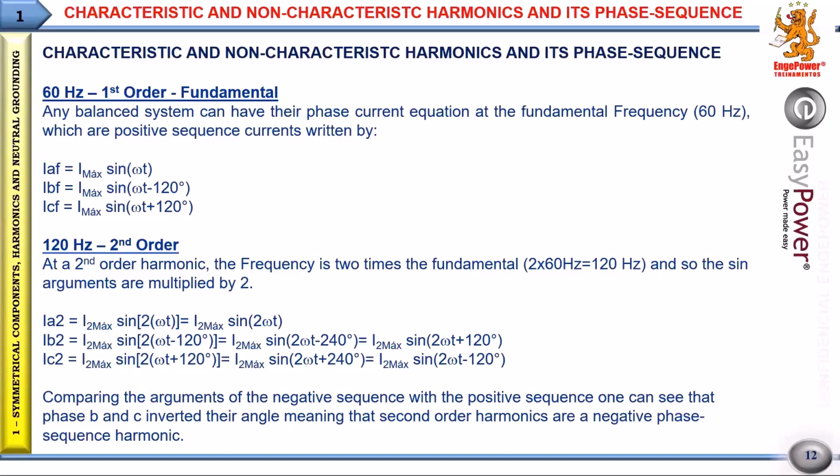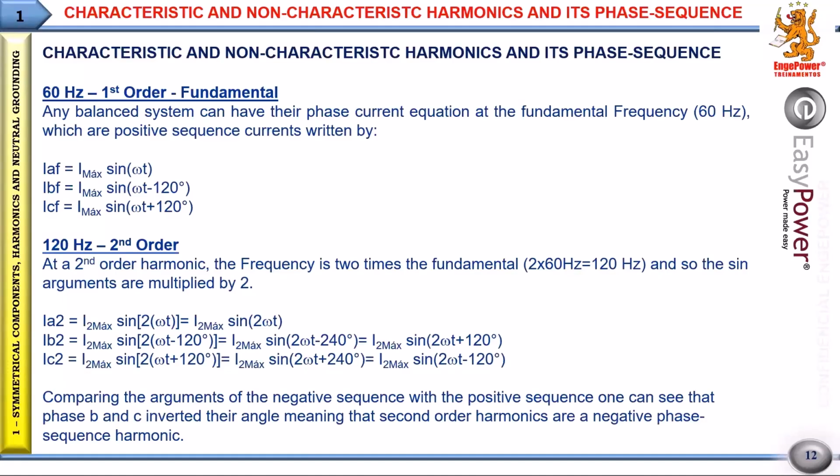If we multiply this argument here by 2, we have positive 240. That is the same as minus 120. If we take a look here, we see that the positions of phasor B and phasor C are reversed.